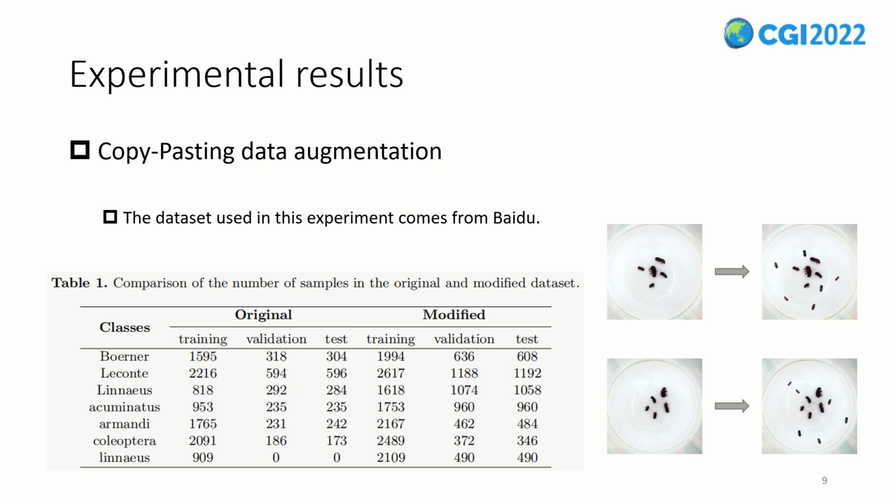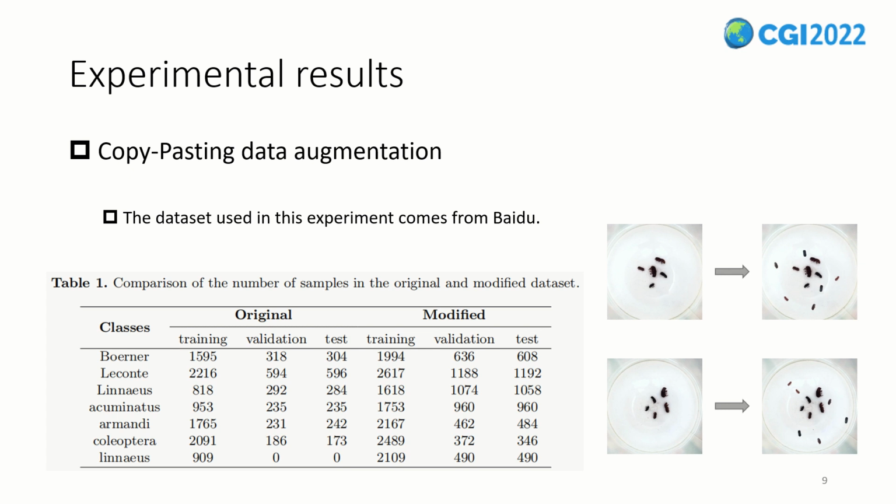The dataset used in the experiment comes from Baidu. It provides 2,183 images. Look at the slide. This table shows the comparison of the number of object categories in the original dataset and the augmented dataset.